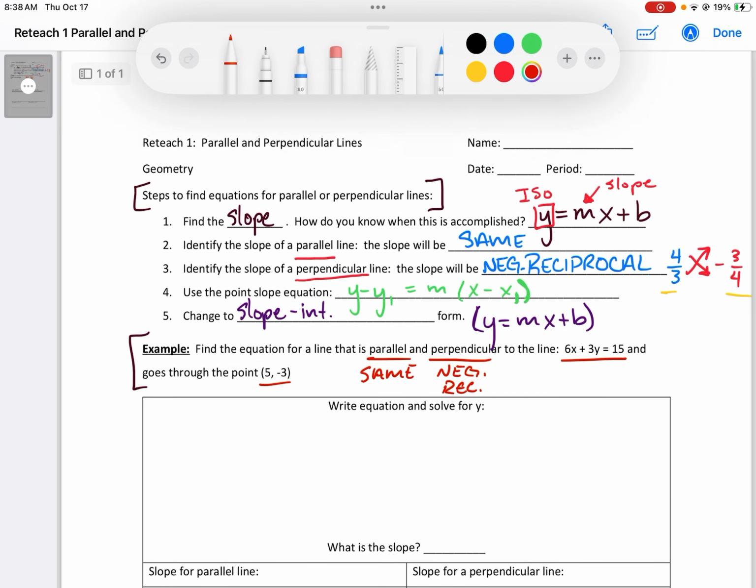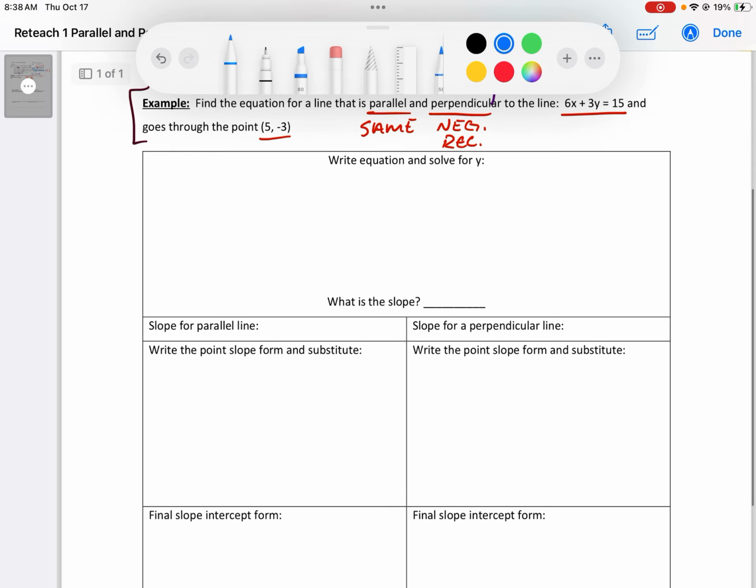The first thing, if I go back up to my steps here, is I have to get this original equation into slope-intercept form. And so right now, 6x plus 3y equals 15 is in standard form, and I want to get the y isolated. So the first thing I'm going to do is move over the 6x.